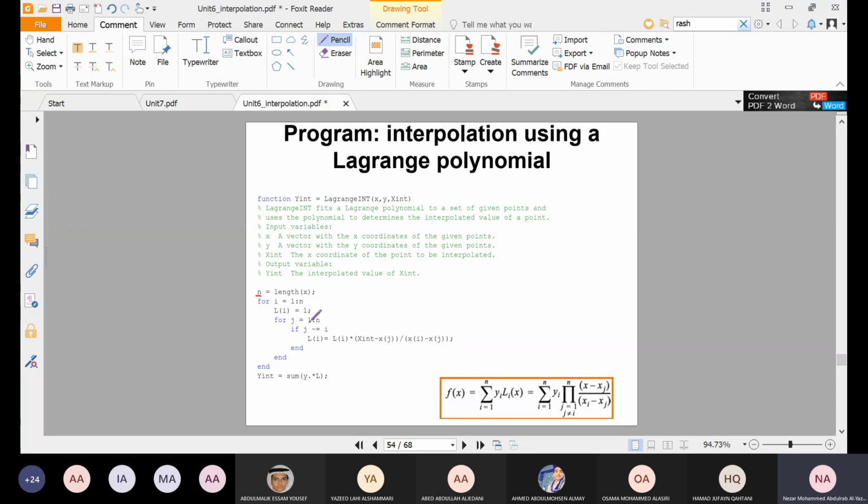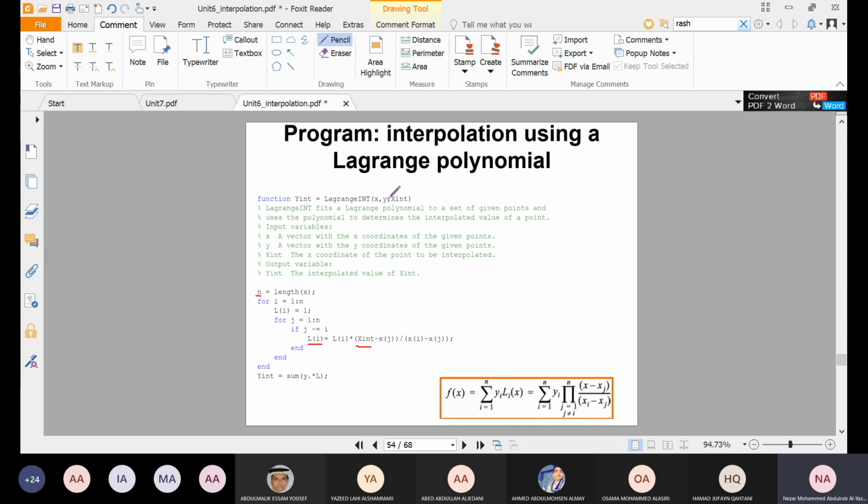After that, for j from 1 to n, if j is not equal to i, compute the weight matrix: x initial minus x_j over x_i minus x_j, where x initial is the point that we want to find. Okay, so we end the if, and after that we end the for loops.